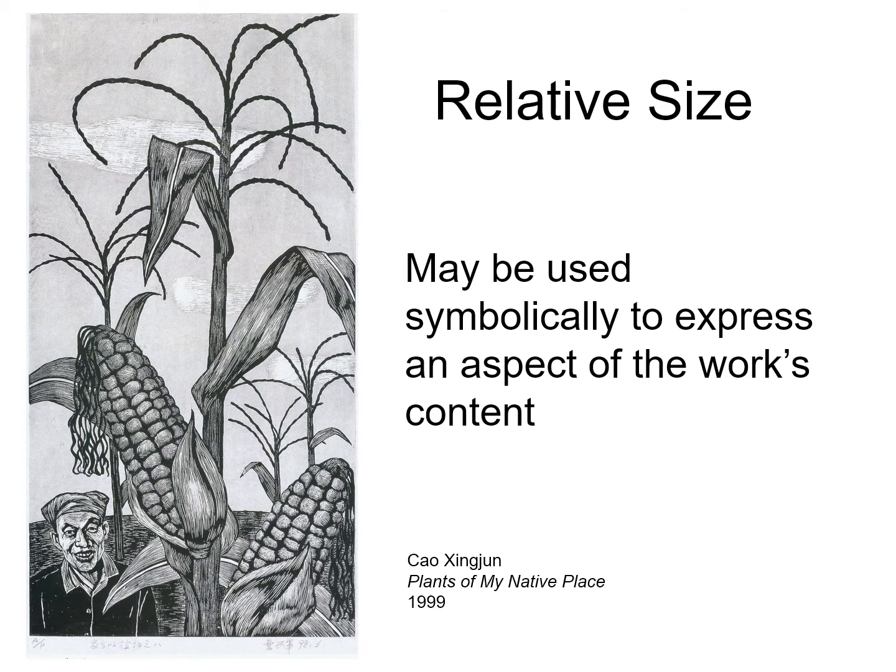Because the corn is right up in the front, it magnifies its value. And notice here, Plants of My Native Place is the title of the piece, meaning the farmer is dependent upon the corn for his livelihood. Hence, symbolically, the corn being large in front is given greater heft and greater importance, which is the point to the work.